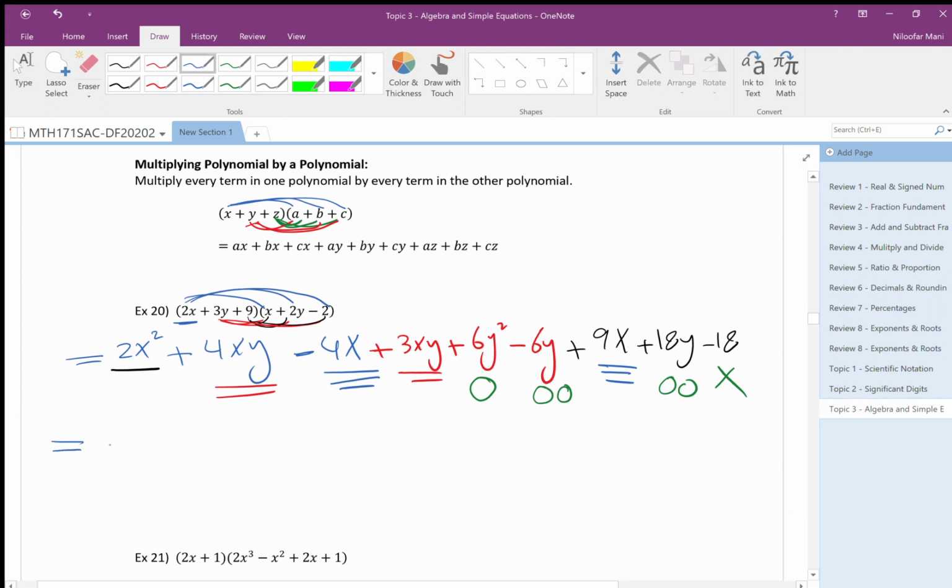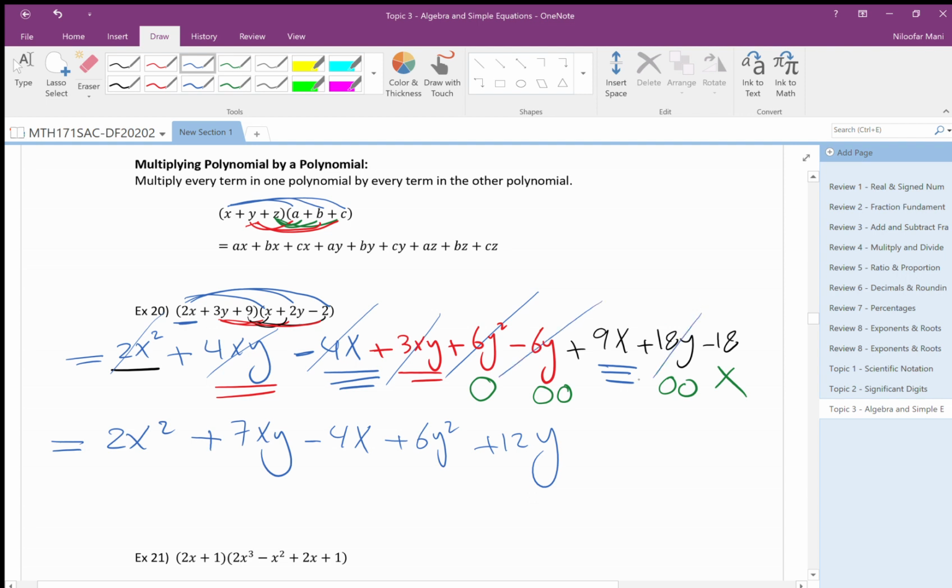So equal 2x squared, so I cross it, otherwise I forget. 4xy, so plus this is 7xy, now I cross it. Then it's minus 4x, now I cross it, and then it is plus 6y squared, so now I cross it, and this is plus 12y, and then I cross it, and see I made a mistake, so I have 9x minus 4x.